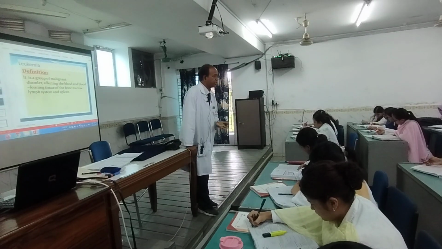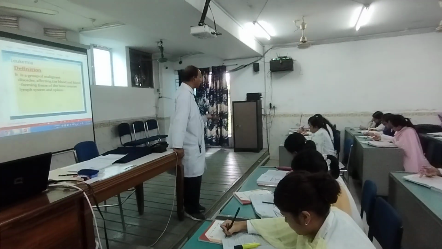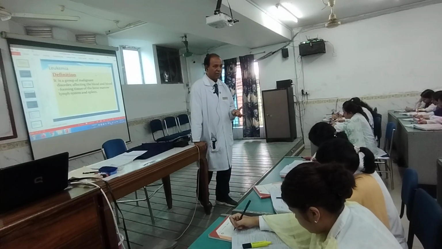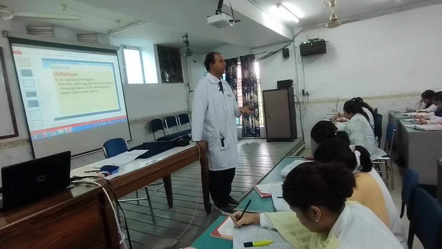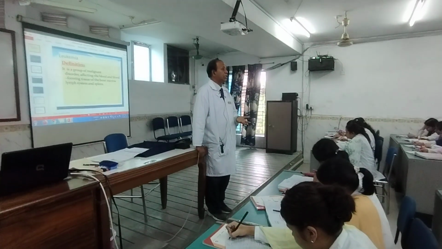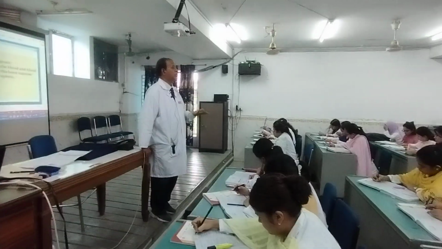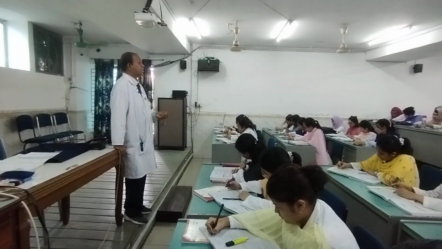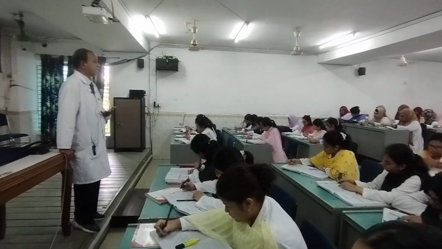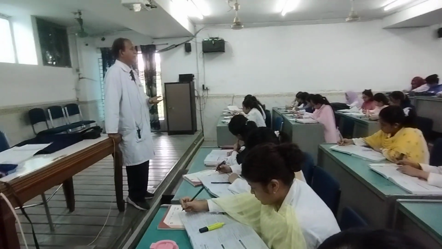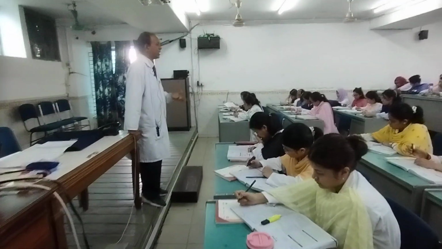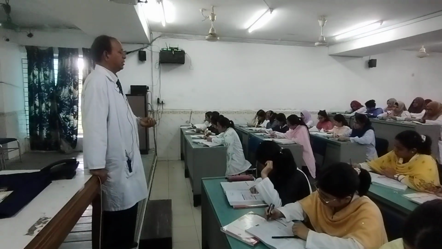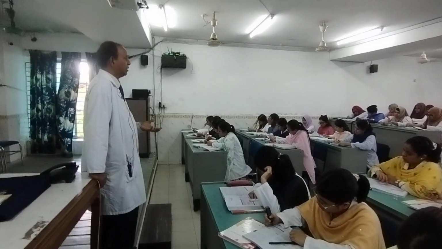Bad prognostic criteria: male child, age less than 1 year or more than 10 years, initial leukocyte count more than 50,000 per cubic millimeter, mediastinal mass, metastasis to the CNS and testicle, and Philadelphia chromosome present. This is the worst. You should remember this one.